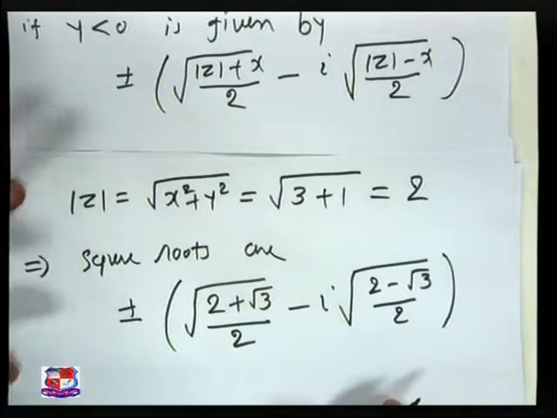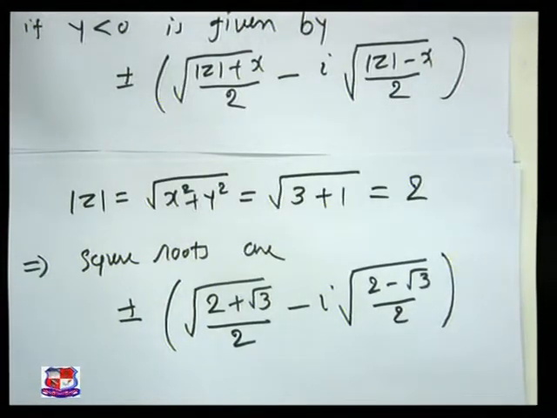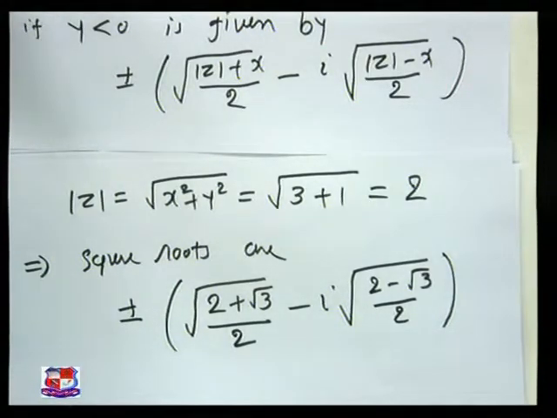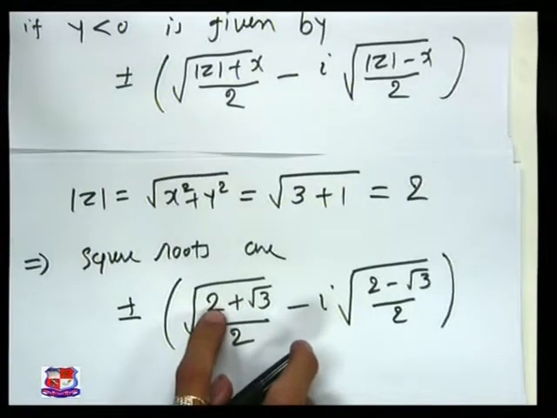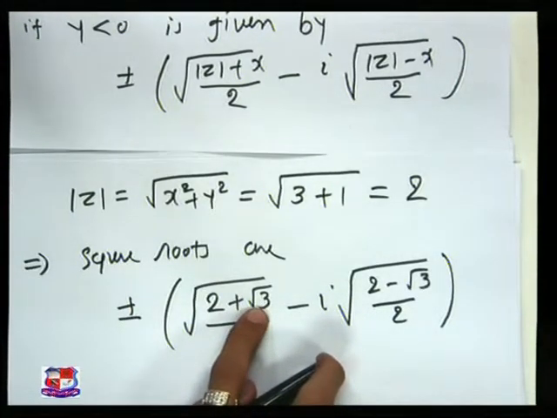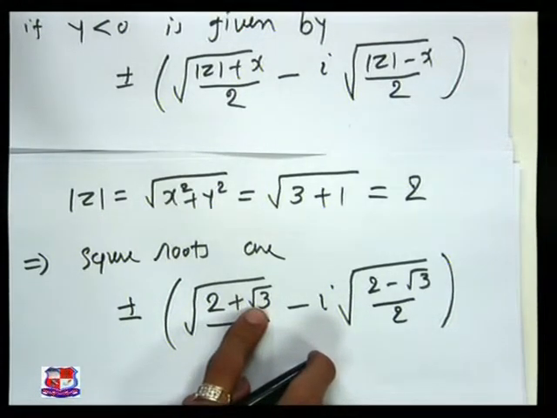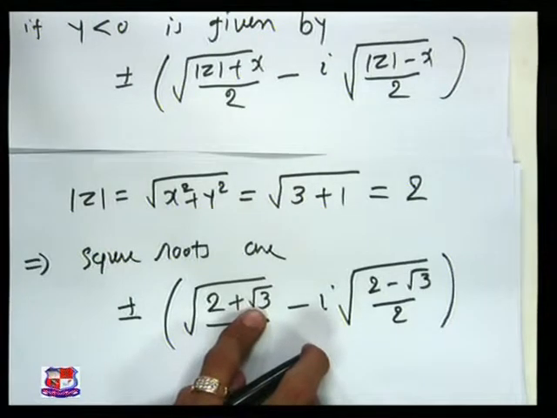In this way we can find the square root of any complex number, and we can easily find the square root of 2 plus root 3, which we discussed in the first semester when we studied surds. We can find the square root of any surd by a simple formula.